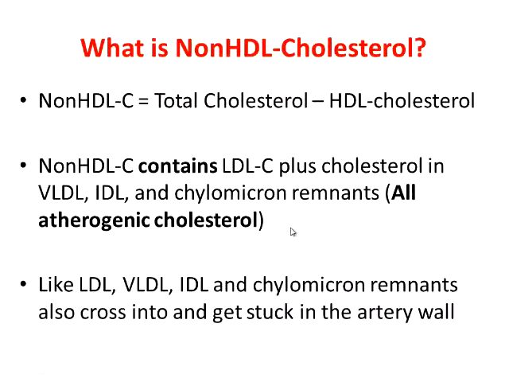So there has been some impression in the lipid field that LDL is the primary atherogenic lipoprotein. It's the one that can get across your vascular endothelium and get stuck in the artery wall. But there's good evidence that these other lipoproteins, even though they're larger, can also cross the endothelium and get stuck in the artery wall, including VLDL, IDL, and chylomicron remnants.